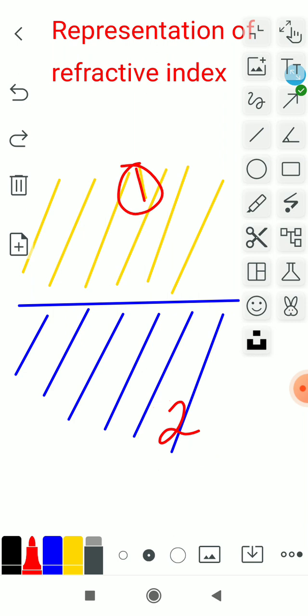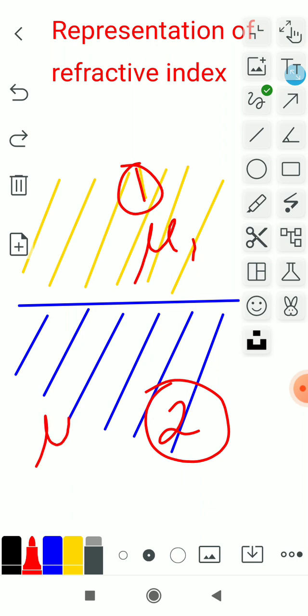Now we will discuss how we represent the refractive index of medium 2 and medium 1. Let us consider the refractive index of medium 1 is mu 1, and the refractive index of medium 2 is mu 2.